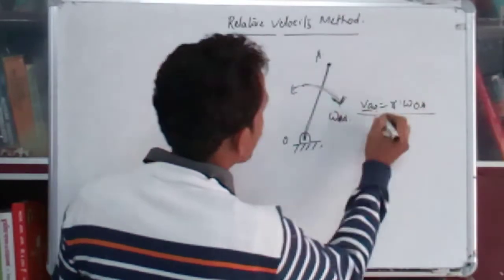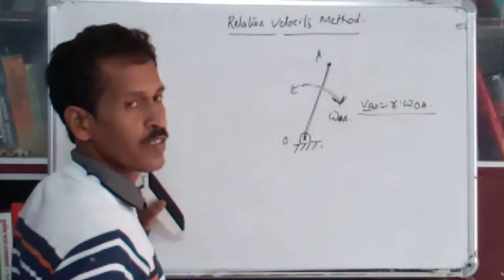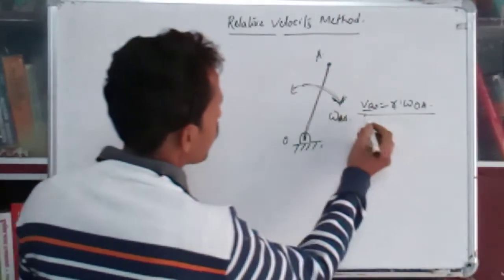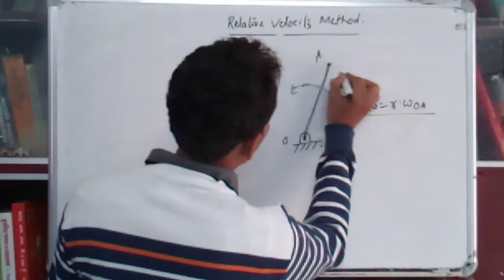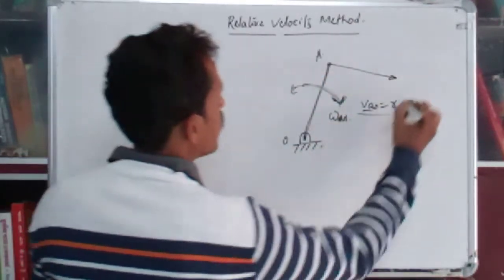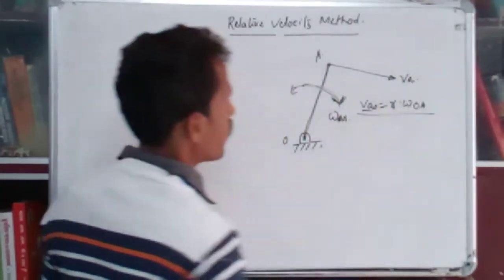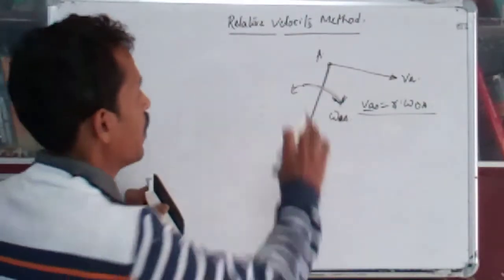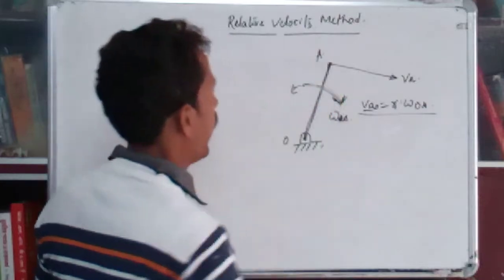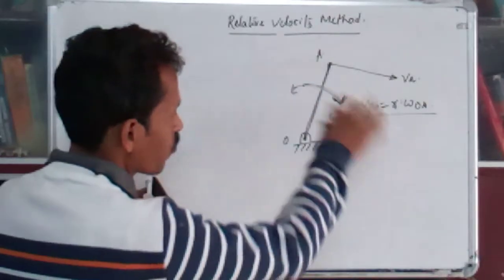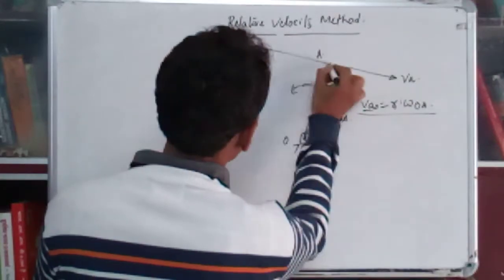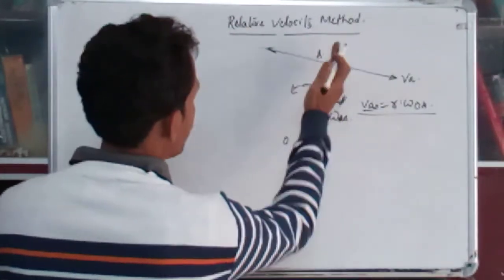Suppose it is rotating in a clockwise direction. The direction of this velocity will be perpendicular to the link OA. As it is clockwise, the direction is this side. If it is anti-clockwise, then the direction will be the opposite, perpendicular to this line OA.